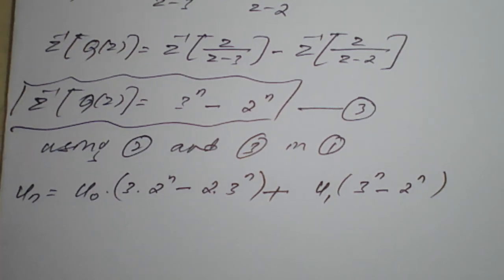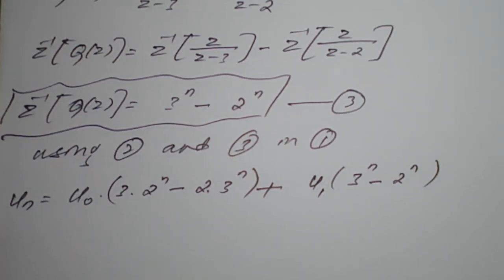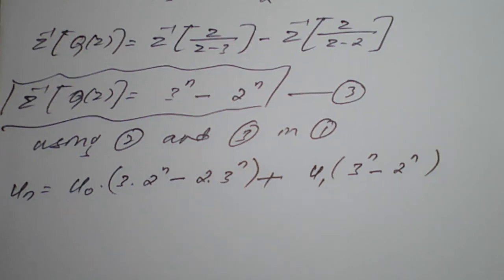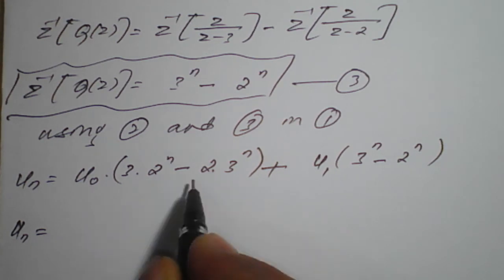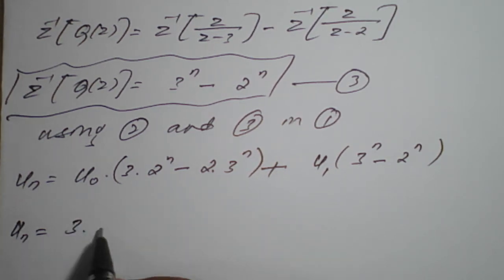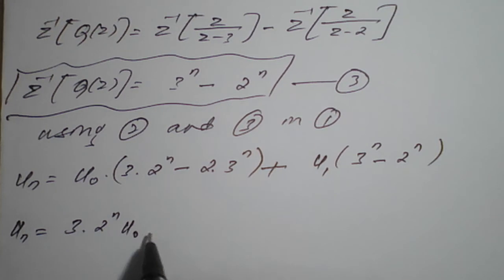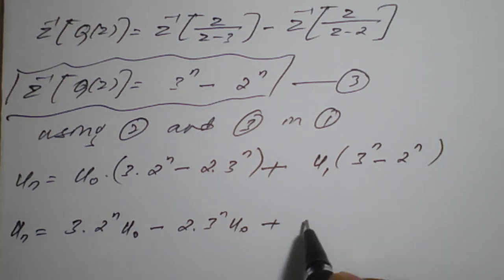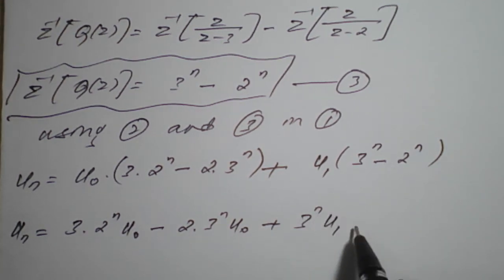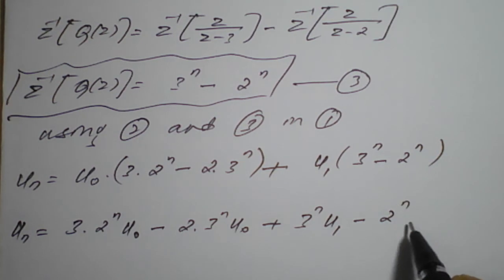Once we get these two results, you can think whether it is possible to simplify further. If it is possible, you simplify, or else we leave it as it is. So I want to open the bracket first here. un is equal to 3 into 2 raised to n of u naught minus 2 into 3 raised to n of u naught. I have multiplied u naught, plus similarly 3 raised to n into u1 minus 2 raised to n into u1.